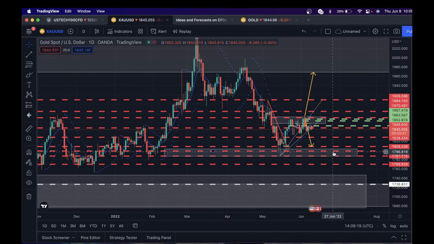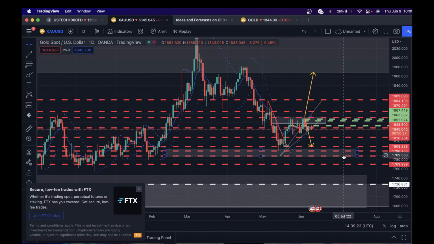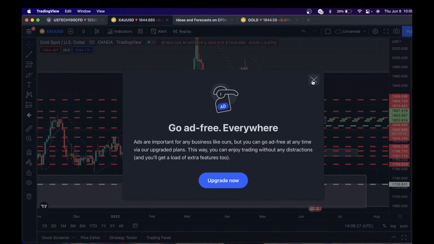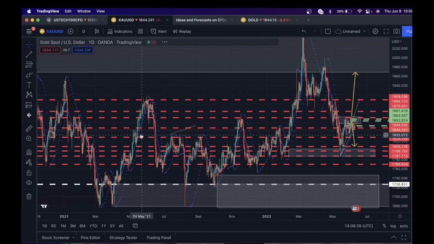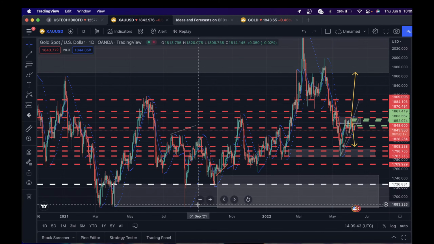We do have so much space here at 1878 to 1800, so it will try to fill this area. It can break below and back up to 1830 and 1850, so it will form a consolidation like this. So 1, 2. Even 1680 is also possible in this area.